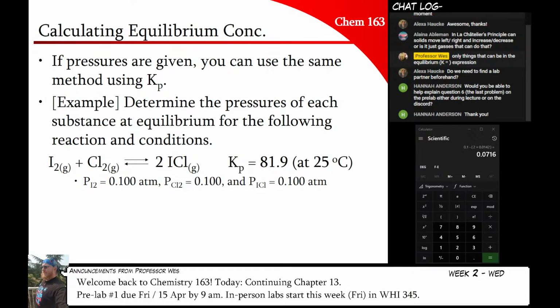Go ahead and solve for these equilibrium pressures. Note that they are the same, so you might have an easier time solving, but you can always just use Wolfram Alpha for these practice problems.